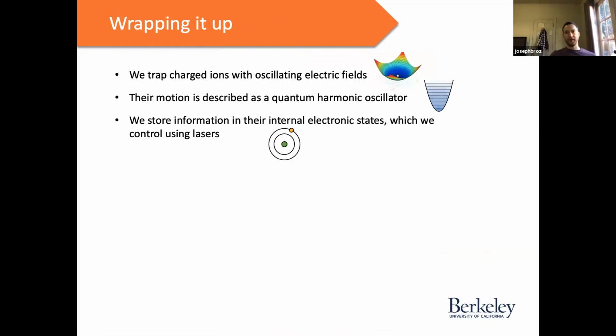So to wrap up that lightning introduction to what trapped ions are: we trap charged ions in oscillating electric fields. Their motion is described as a quantum harmonic oscillator. And we store information in their internal electronic states, which we control using lasers.